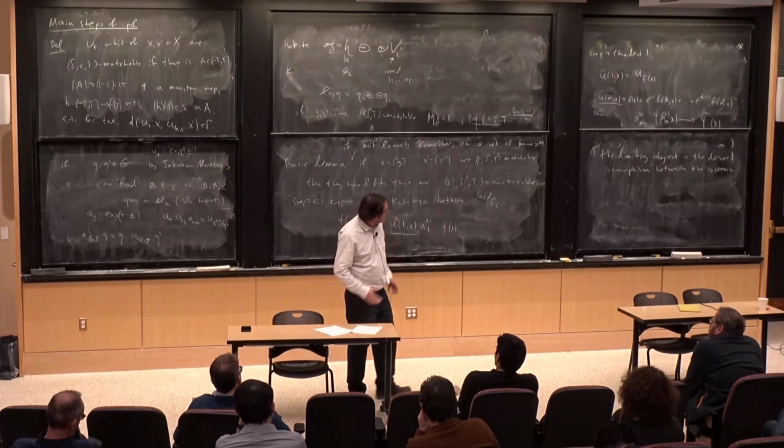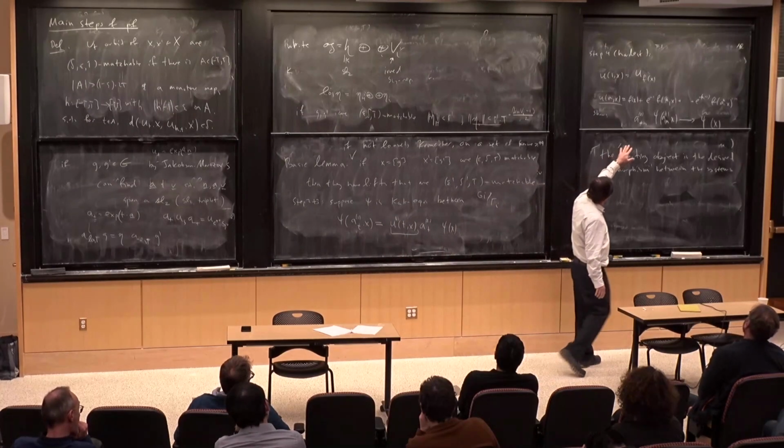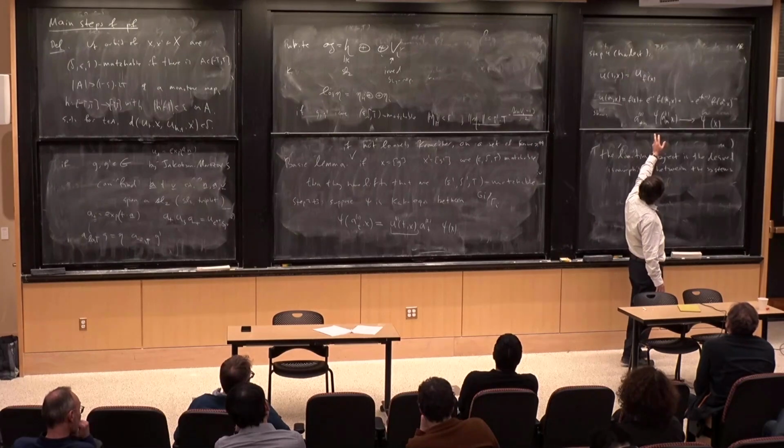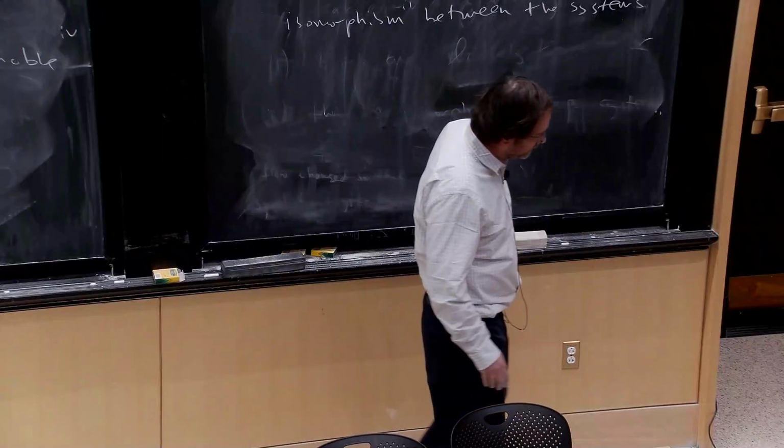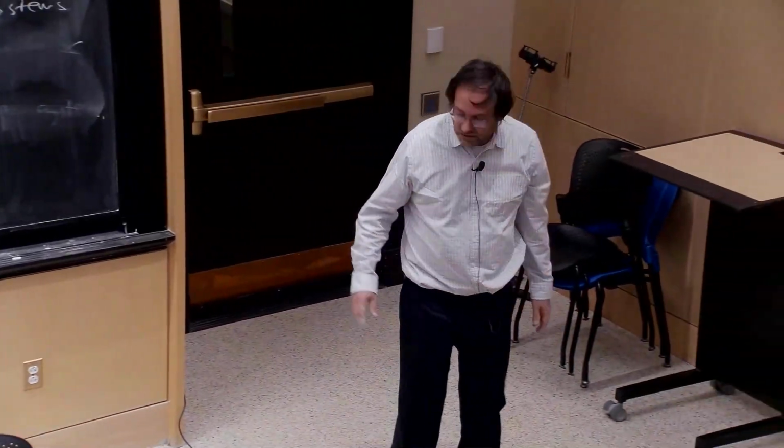The key of the proof is this renormalization procedure that brings you from an arbitrary Kakutani equivalence to an isomorphism.